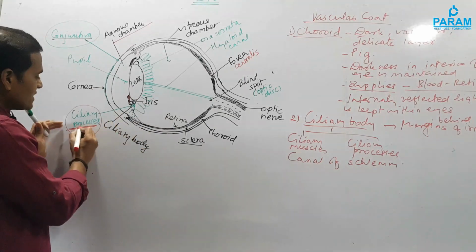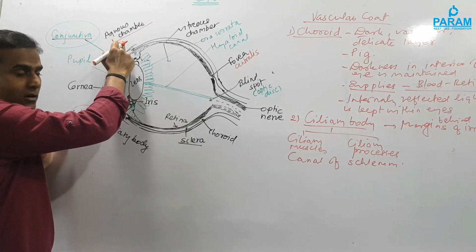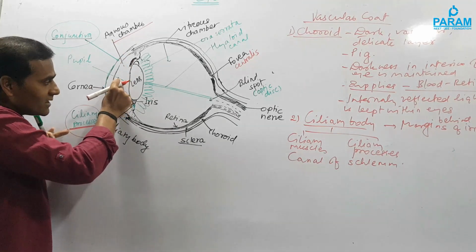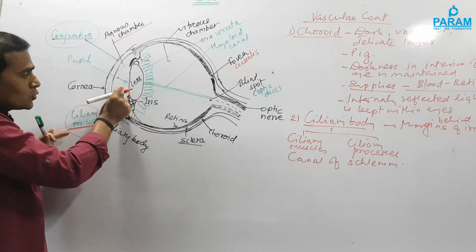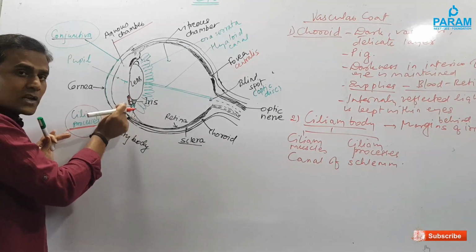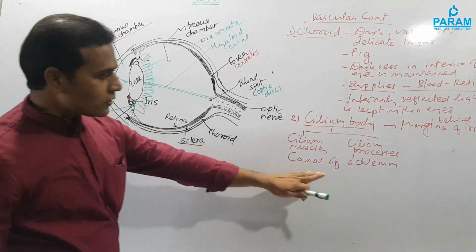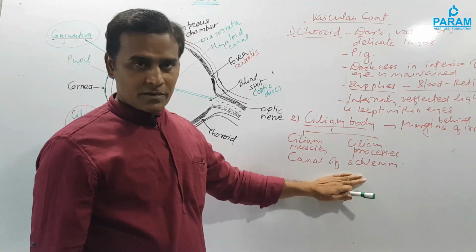As we said, ciliary processes secrete aqueous humor in this aqueous chamber, it is continuously formed. As it is continuously formed, it needs to be drained out of this chamber. So, firstly it drains into the canal of Schlemm, and the canal of Schlemm then drains it out into the blood vessel. So, that is the function of canal of Schlemm. Though it is not mentioned in NCERT, you need to keep it in mind, right?